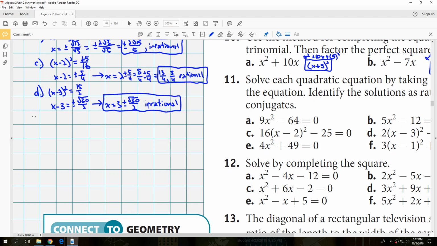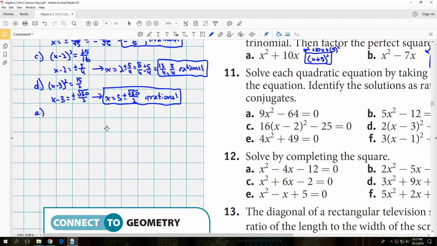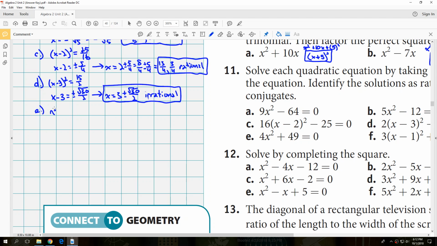Let's see here. E. All right, we're just going to isolate the x squared. This is a pretty easy one here. So x squared is equal to, in this case, we subtract, negative 49 divided by 4, and then square rooting both sides, x is equal to plus or minus the square root of negative 49, which would be 7i, so 7i divided by the square root of 4, which is 2.